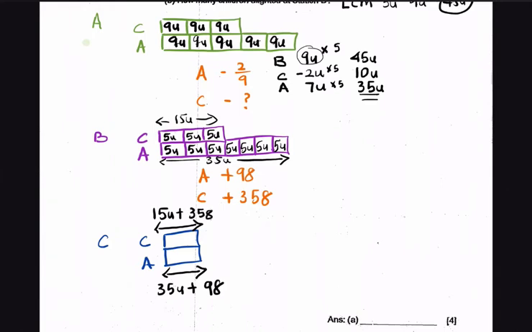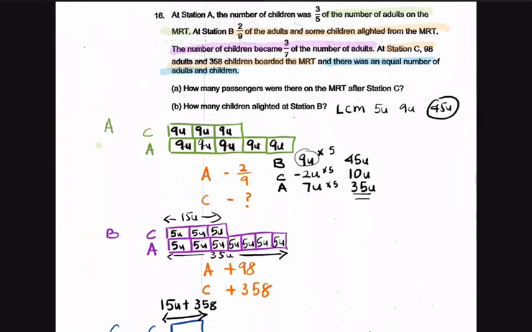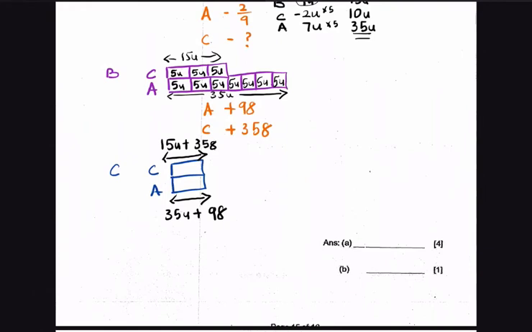Okay, so now that we have finished labeling the models, we can find what is 1 unit. Now, to find 1 unit, how do we go about doing that? First, the question says that there was an equal number of adults and children. So we can write the children and adults at Station C, they are equal, right?